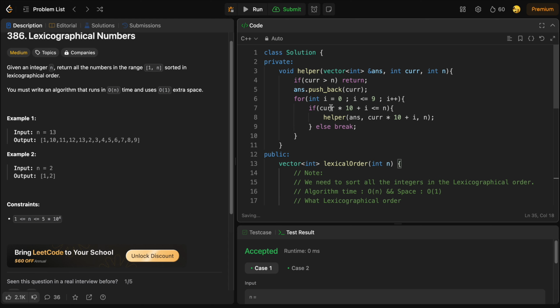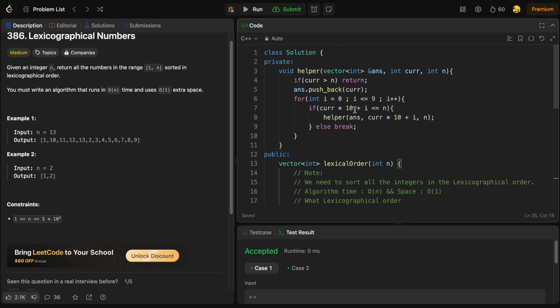And then 10 would be processed. In that case, helper of 10, and 10 plus 0 is less than or equal to n only. But 10 into 10 is 100, which is greater than n. So this would be broken and this would be coming up. And if it came up, I mean, already i equal to 0 is processed. So it's retraced, and now the current i would be 1. So if i equal to 1, that would be 10 plus 1, which is equal to 11.